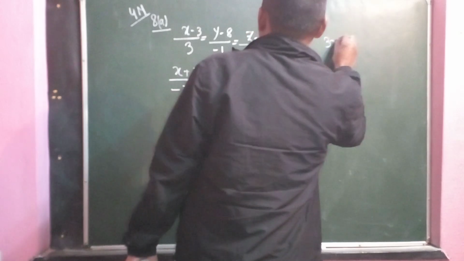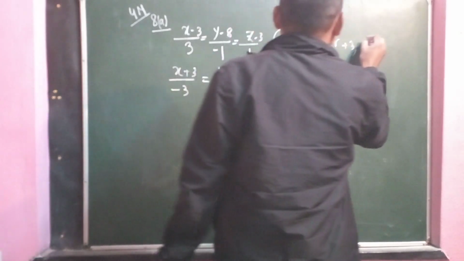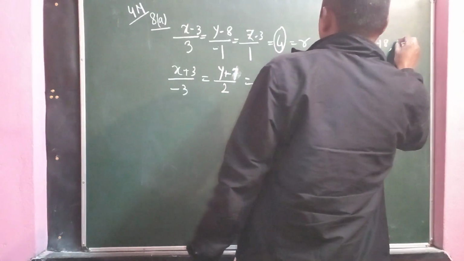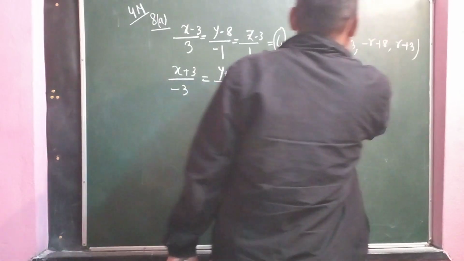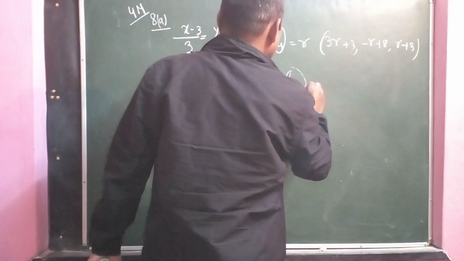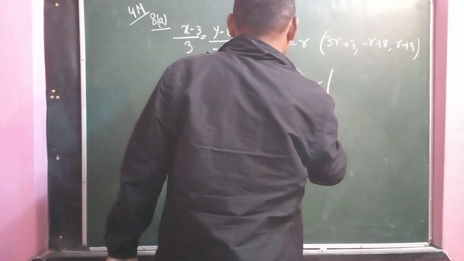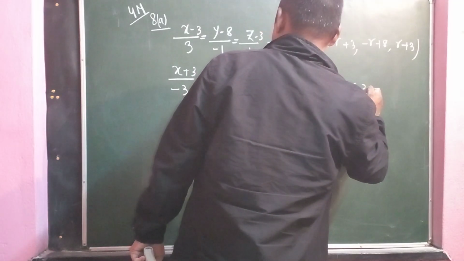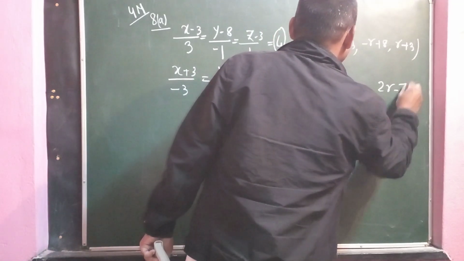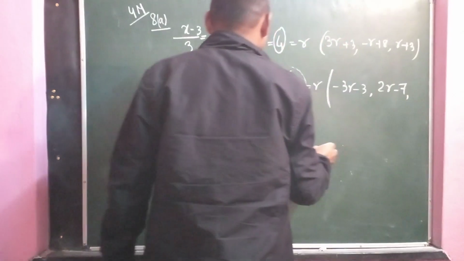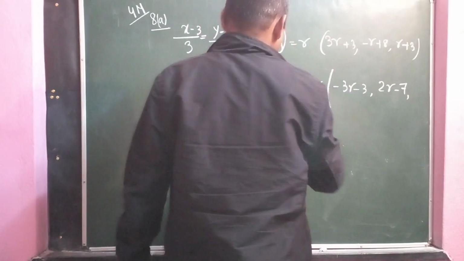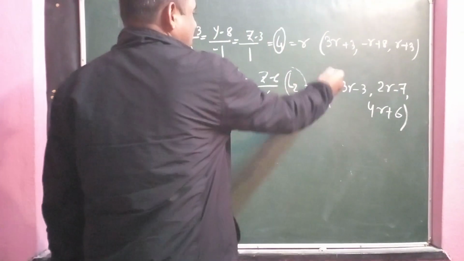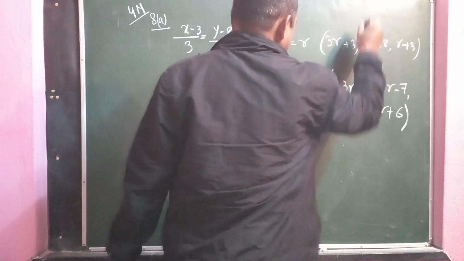Then the point will be 3r plus 3 comma minus r plus 8 comma r plus 3, a point in 3 dimensions. This is one point. Then take the other line also with r. What will this point be? Minus 3r minus 3, 2r minus 7, comma 4r plus 6. Now we have found a point on each of these two lines.